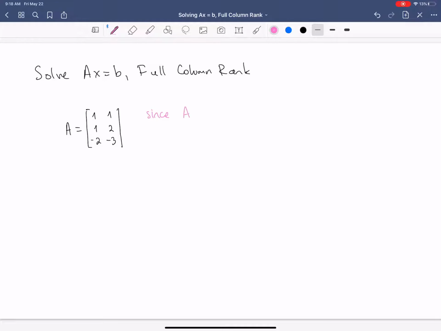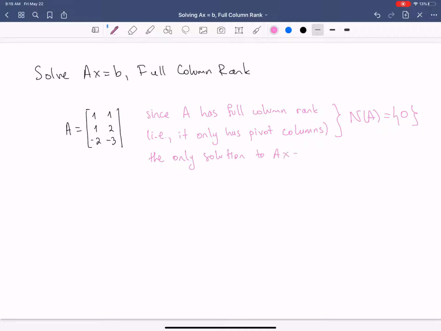Since A has full column rank, that is, it only has pivot columns, the null space of A is the set that contains only the 0 vector, or the only solution to AX equals 0 is X equals 0.